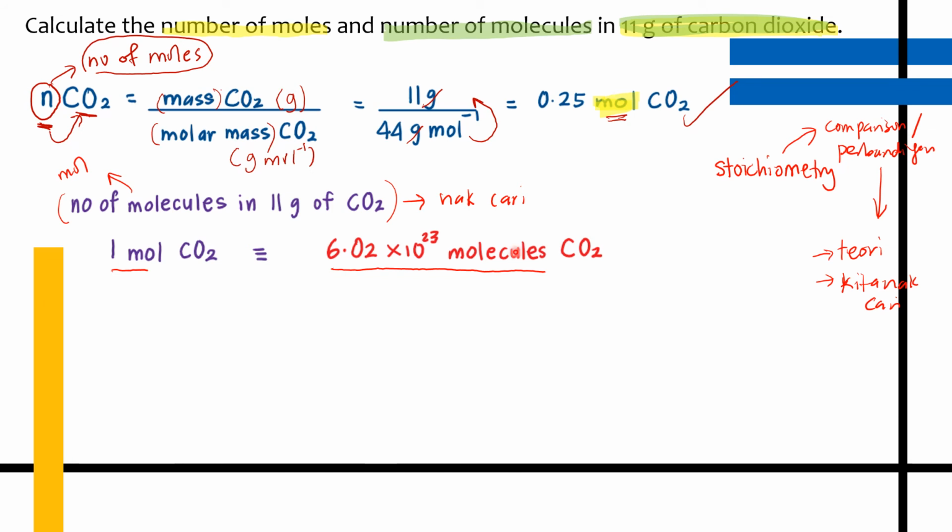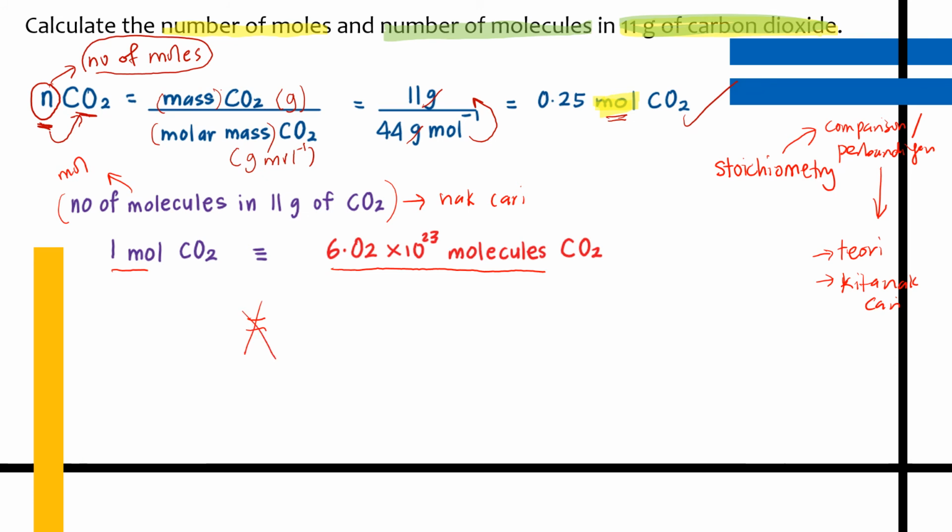Okay, so secara teori, 1 mole of carbon dioxide will consist of, dekat sini 1, 2, 3, ini bukan typo. Memang awak kena lukis 3 dekat sini untuk menunjukkan perbandingan, comparison. Kalau awak letak sama dengan, yang ni salah.